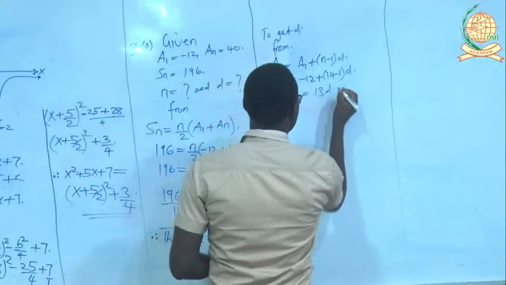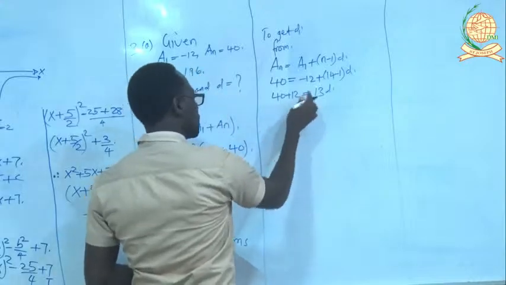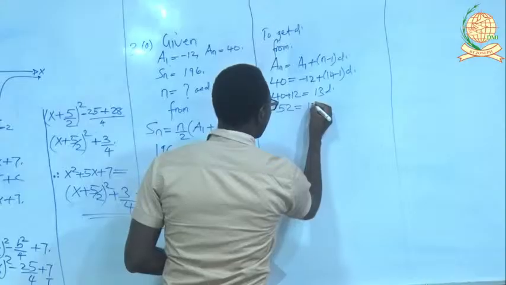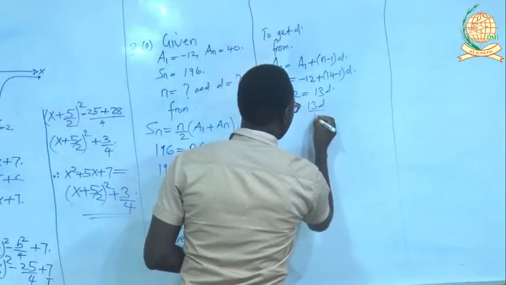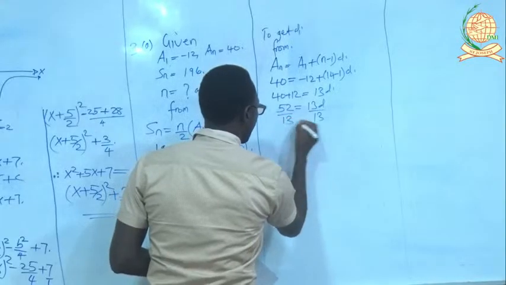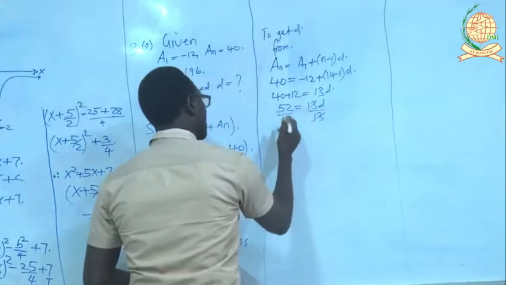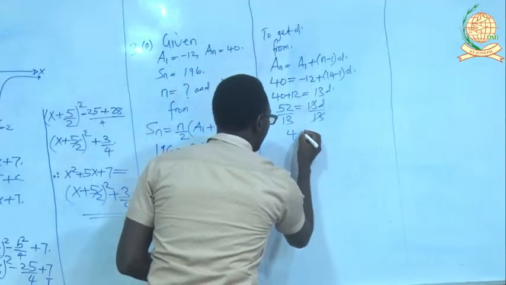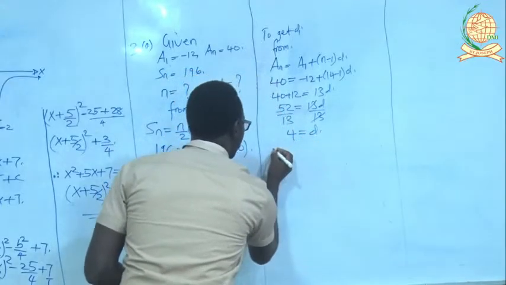Now 40 plus 12 is 52, equal to 13d. To get d, divide by 13 on both sides. 13 cancels. 52 divided by 13 is 4. So the common difference is equal to 4.